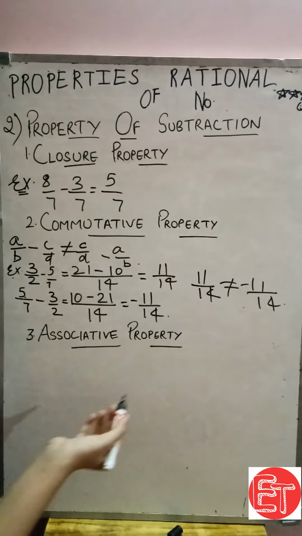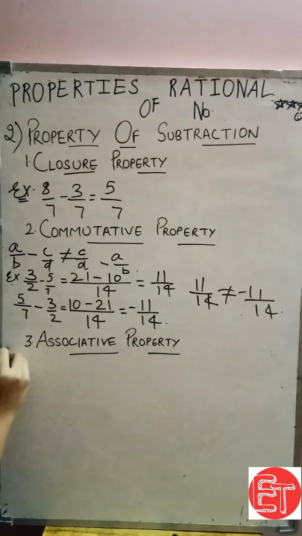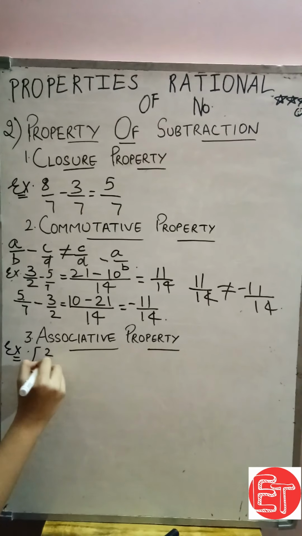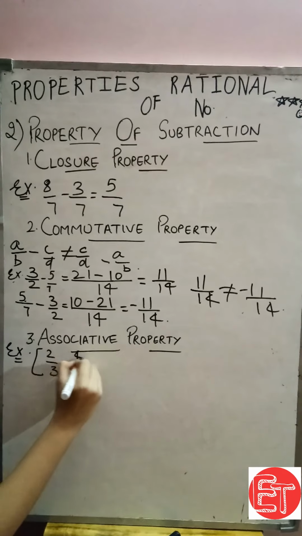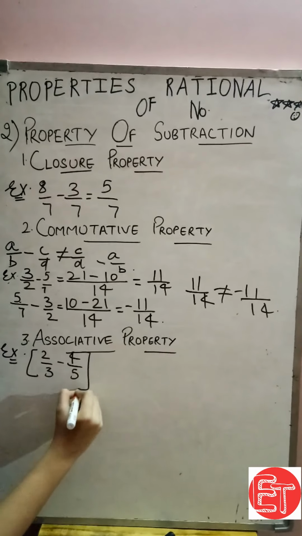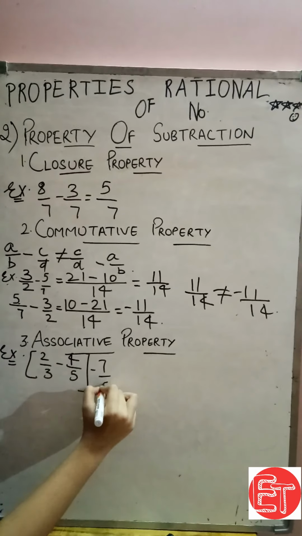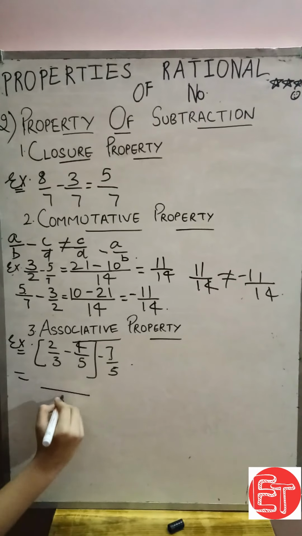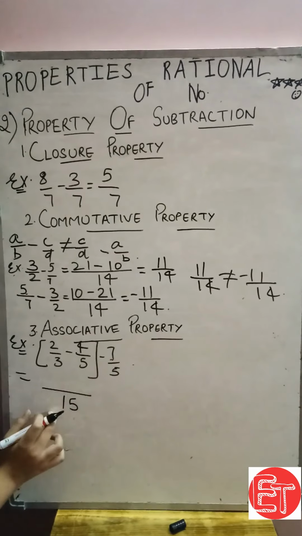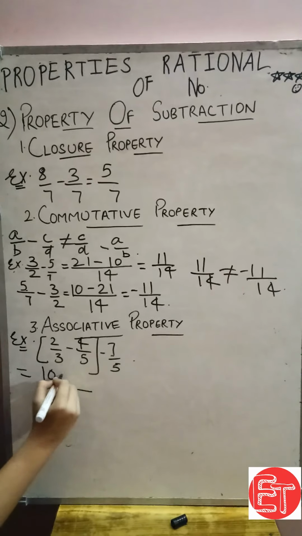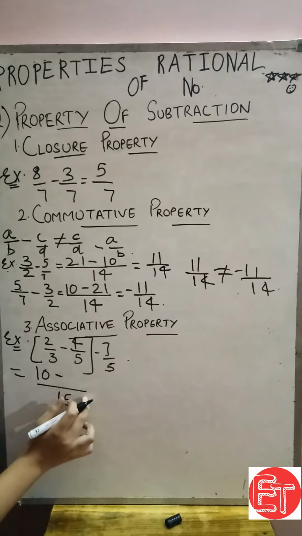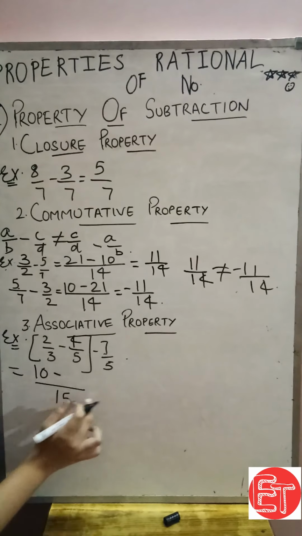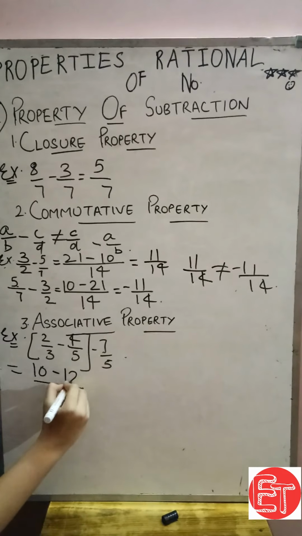Now this is our associative property. Then let's take an example of it. So the example is bracket 2 upon 3 minus 4 upon 5 bracket close, minus 7 upon 5. So the LCM of 3 and 5 is 15. We all know 5 2s are 10, minus 3 4s are 12.